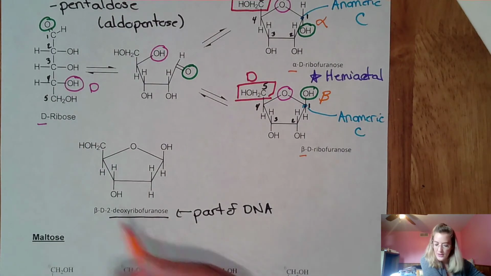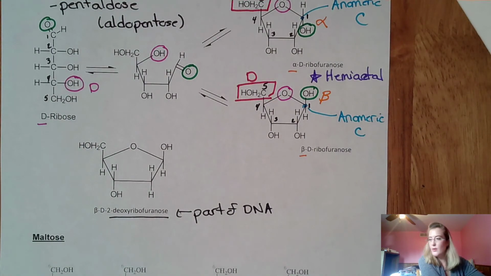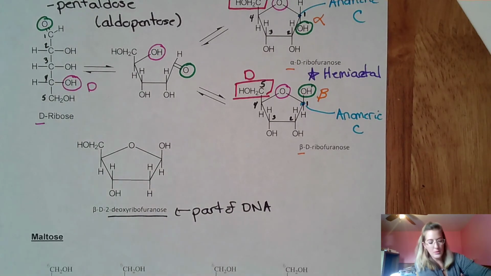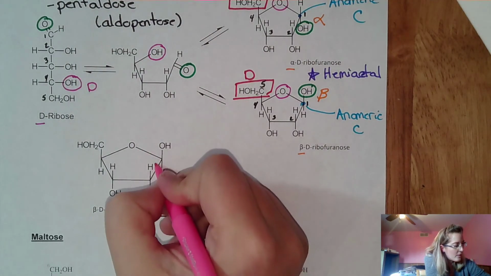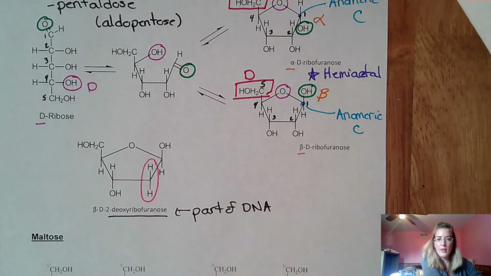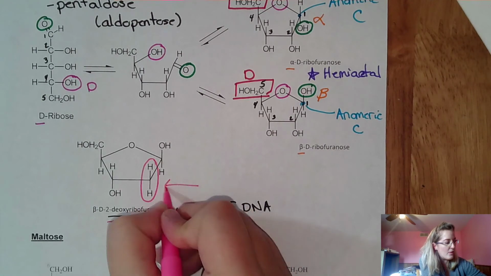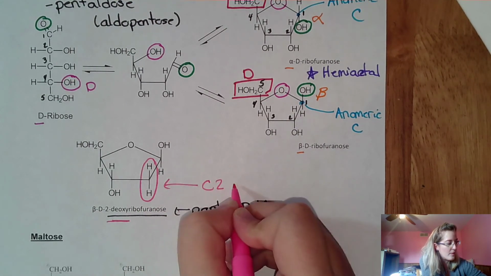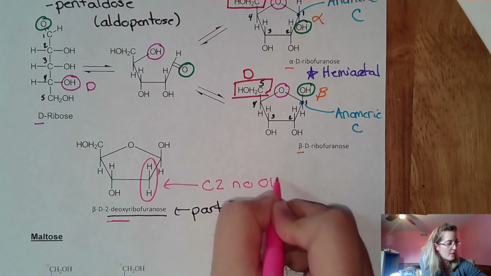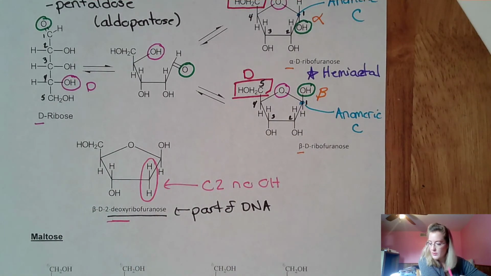Biggest difference here, and let's see what color coding can I use that's not already been used. We'll do bright pink. Biggest difference here is carbon number 2, 2-deoxy. Carbon number 2 does not have an OH compared to regular ribose. All the other pieces are the same.